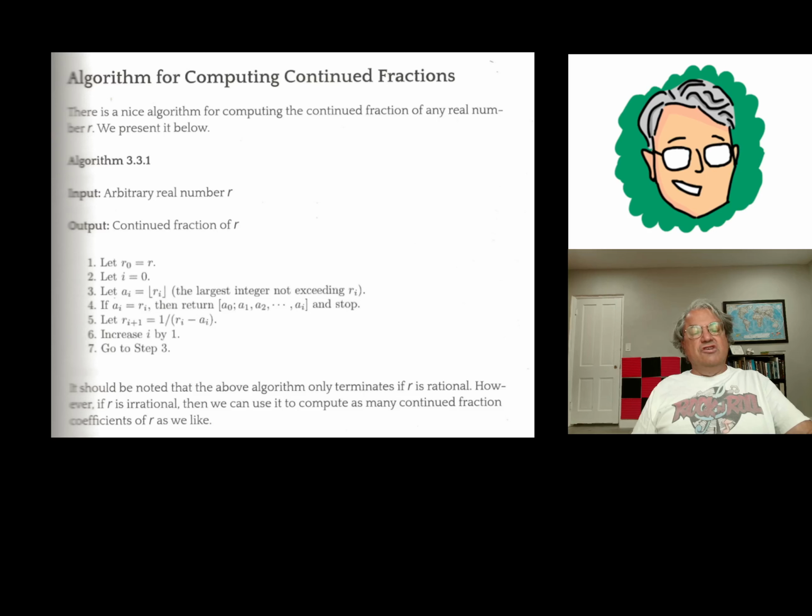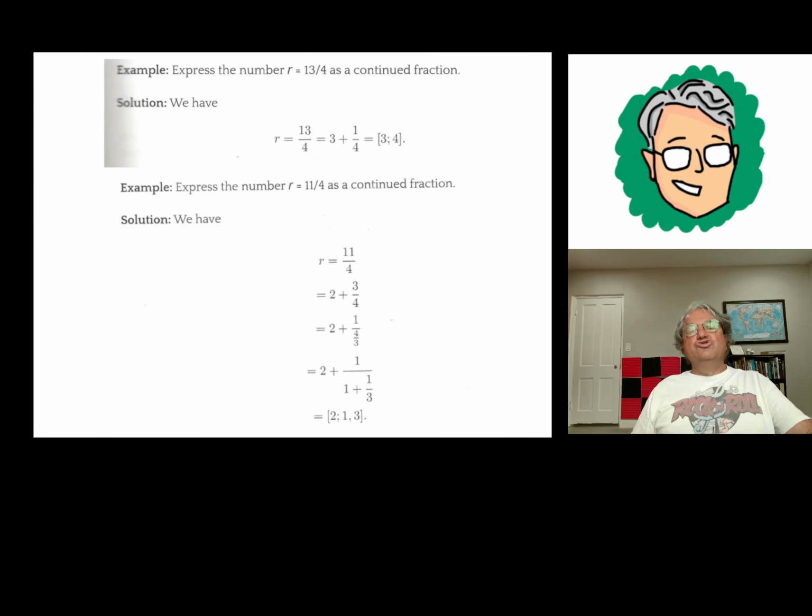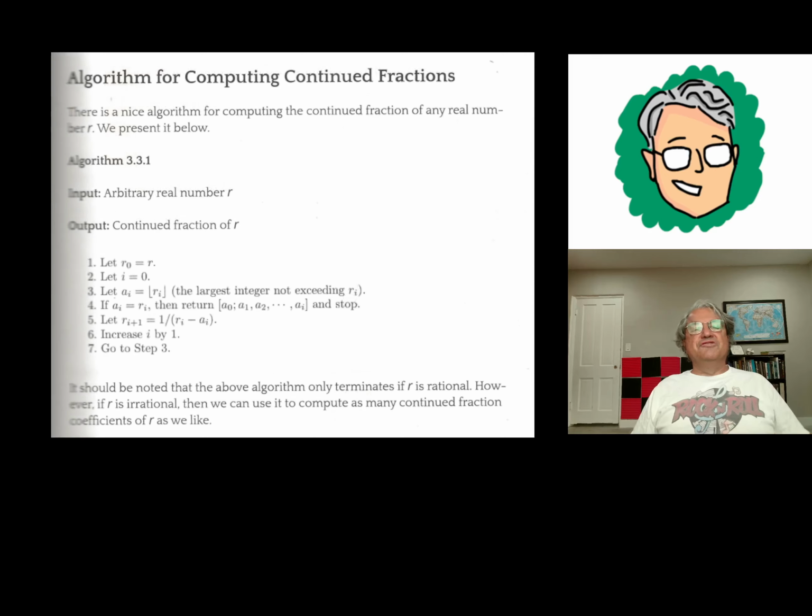So then I think you can see how it proceeds after that. Our R sub 2 is 3, and now our A sub 2 is the floor of that, but 3 is already an integer, so A sub 2 is 3, and since the last R sub 2 is an integer, we're done. So that means we're outputting 2 semicolon 1 comma 3. That's what the algorithm told us to do.